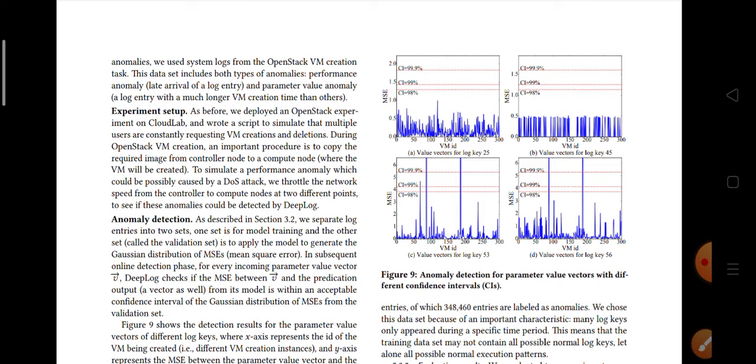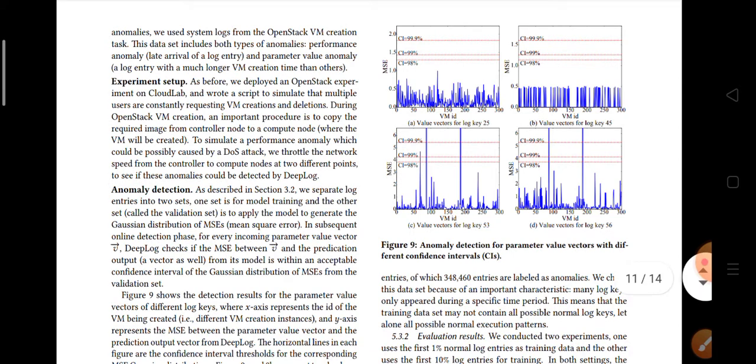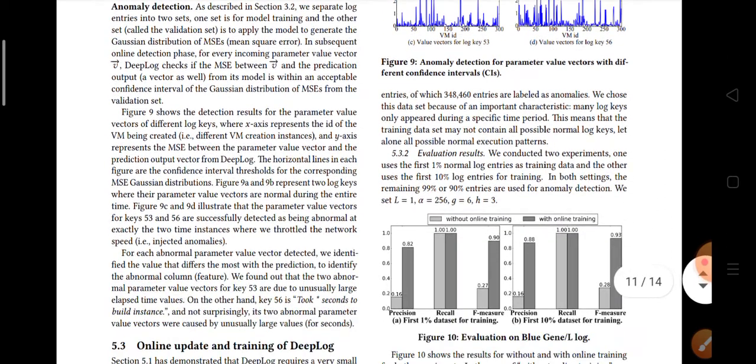Both didn't detect the anomalies, but when they used 53 and 56 vector values, they are able to detect the two anomalies that happened here. Anomalies are detected using Gaussian distributions, the range value, that is the confidence interval value. If it's above this confidence interval, then it is an anomaly. Below this is also detected as an anomaly.